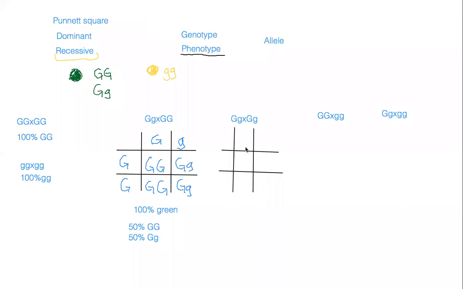So in here, what I'm going to do is, we got an uppercase and a lowercase for each of the parents. They can produce gametes with each of them. So here in the middle, we got this option.